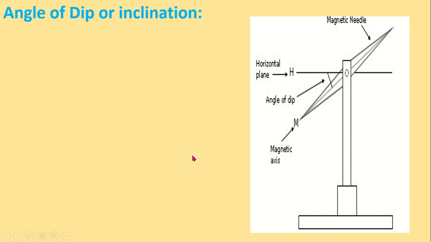But a magnetic needle or a bar magnet, similarly suspended by a torsion-free thread, will not come to rest in a horizontal position, but will make some angle with the horizontal plane. Okay, this angle is called angle of dip or inclination. Look, here the needle magnet, or any bar magnet, always makes an angle with the horizontal, and that angle is known as angle of dip or inclination.